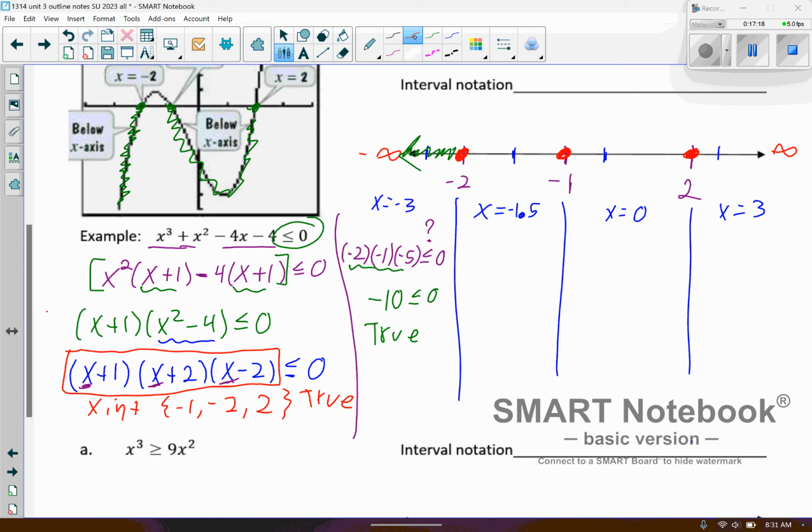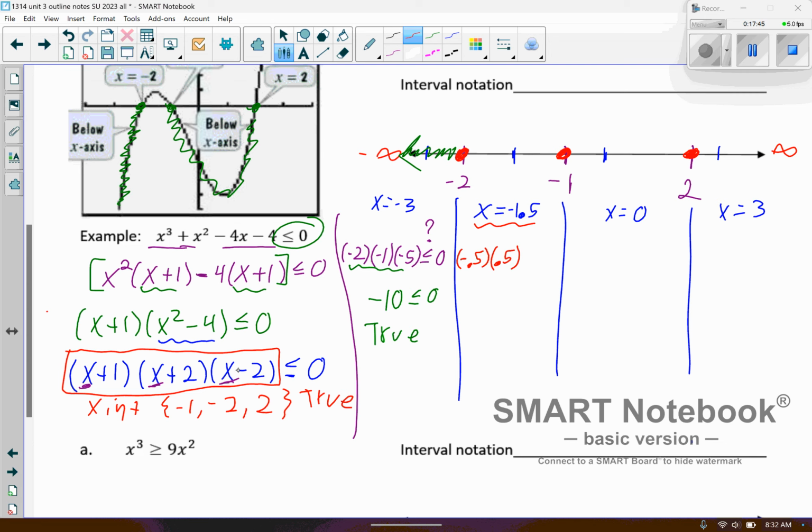Now let's try the -1.5. I know it's not going to be fun, but it's not that bad, especially if you need to use a calculator, that's fine. So let's see, -1.5 plus 1 would be -0.5. So my first value is -0.5. Then -1.5 plus 2 would be +0.5.